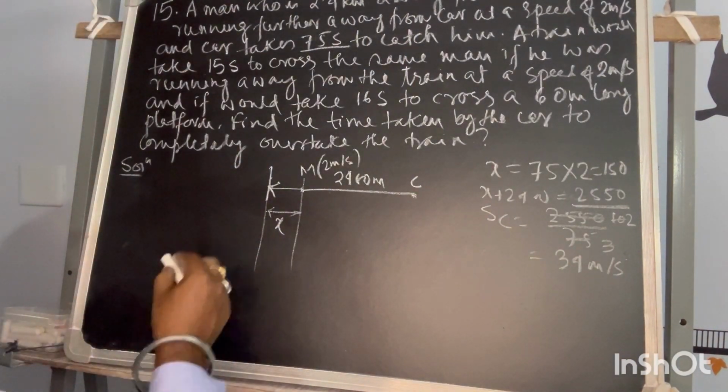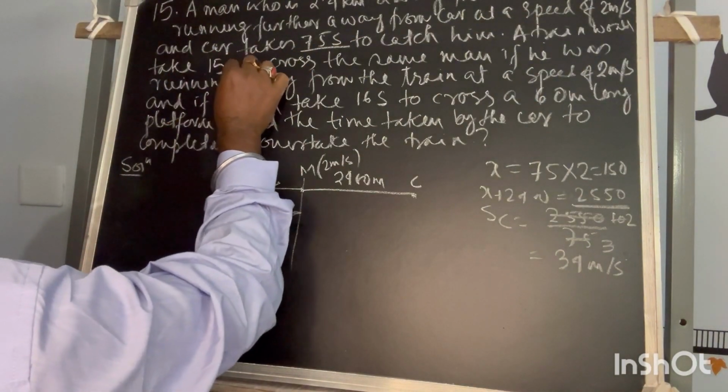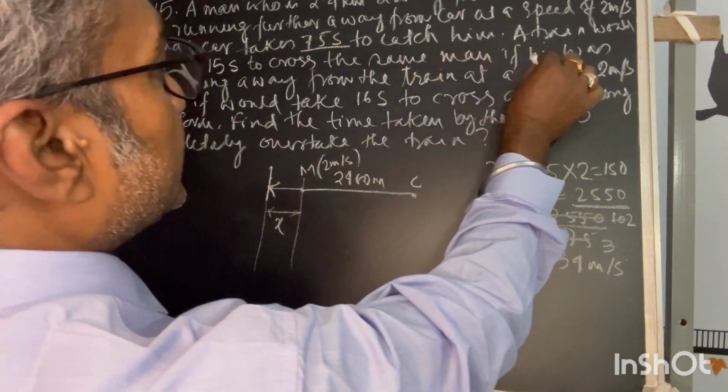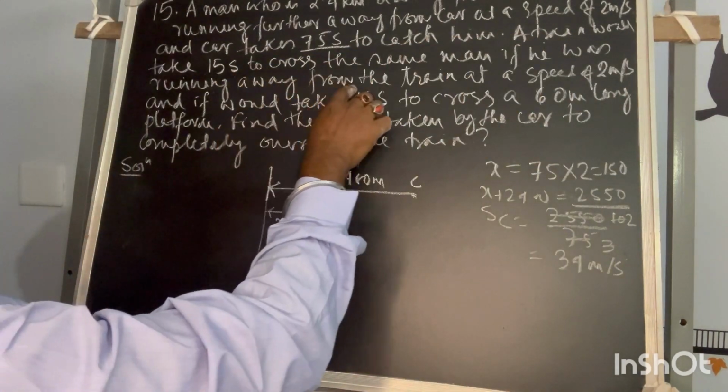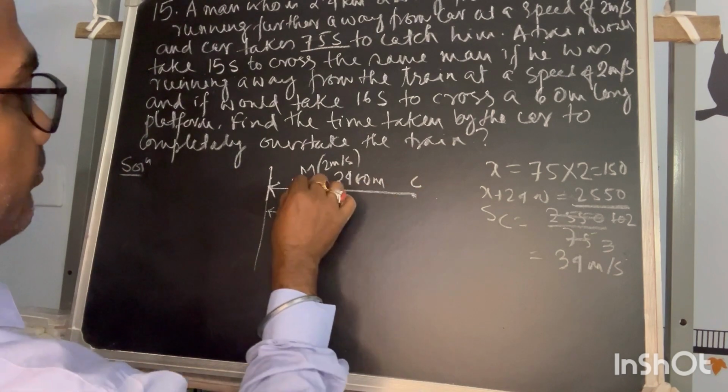Now, a train would take 15 seconds to cross the same man if he was running away from the train. With respect to the train, the man is moving away.